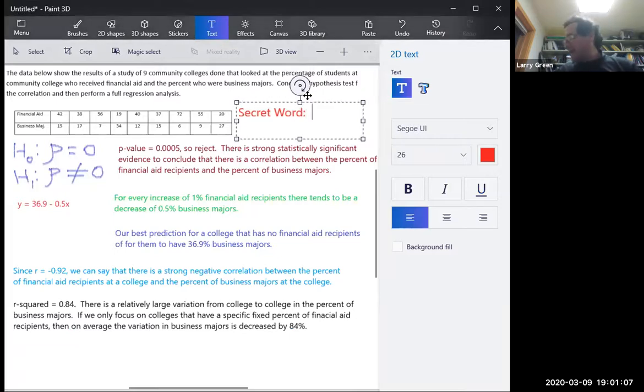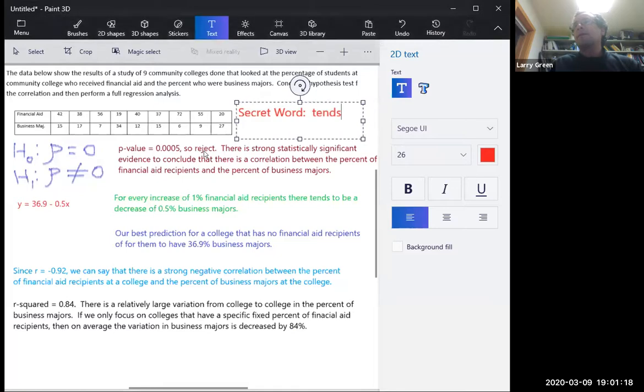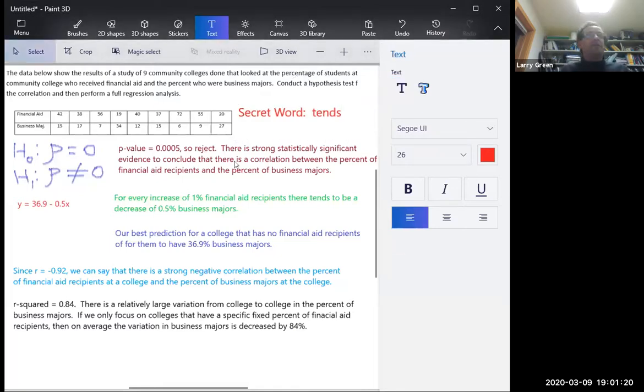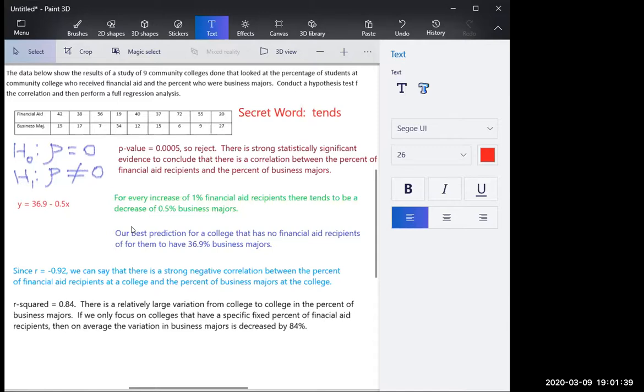The secret word of the day is "tends," because when you're doing the interpretations for the slope, for example, you don't say "will," you say "tends." Does that make sense? Yes.